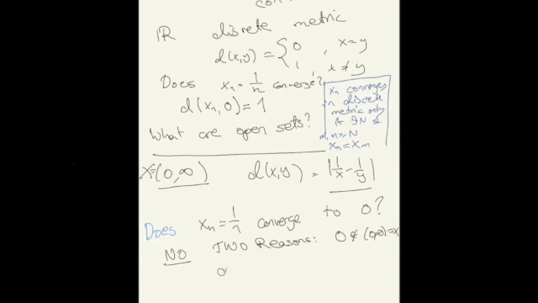Well, and this is something we will discuss much more on Wednesday, if I look at the distance between xn and xm, this is the absolute value of 1 over n minus 1 over m.